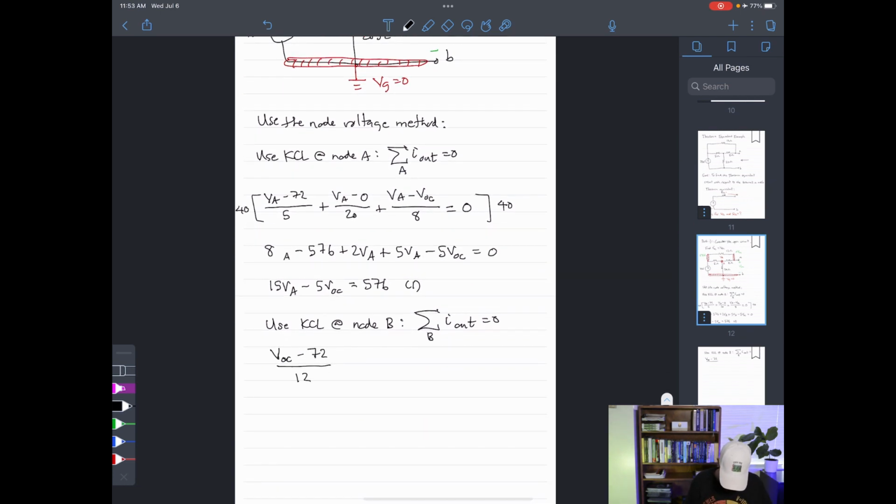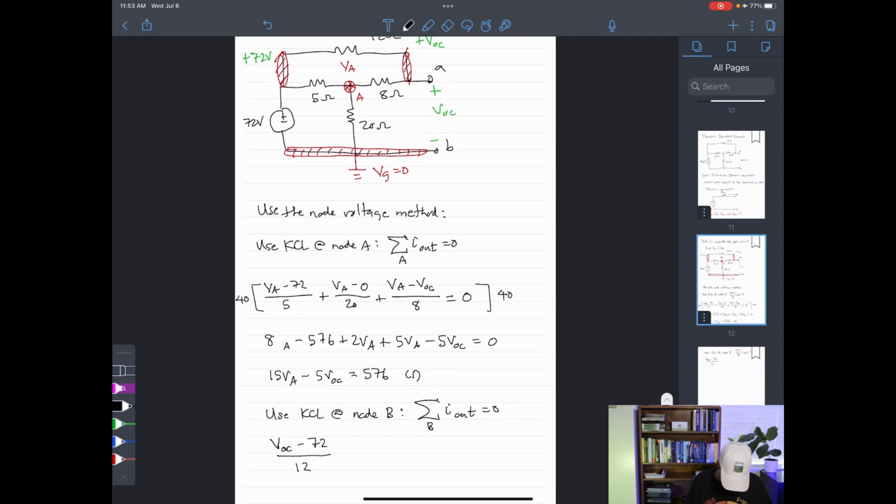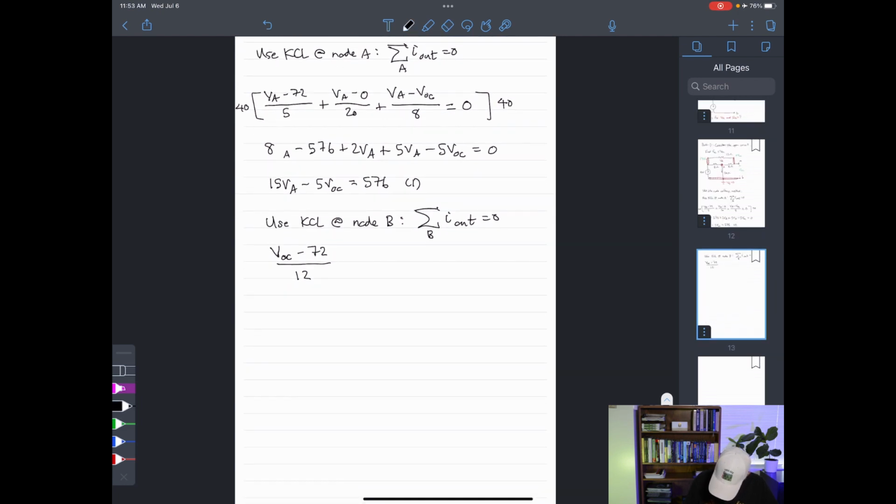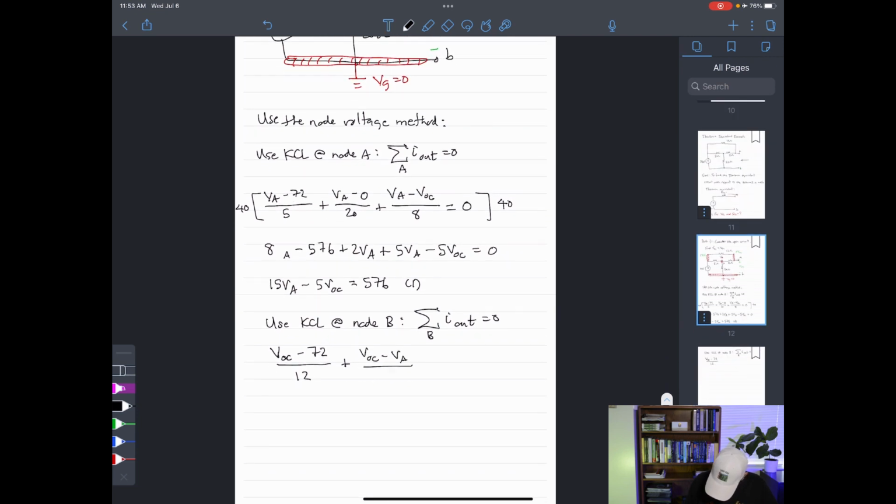And then I have going through that branch, and the current there is plus VOC minus VA. That is flowing through the 8 ohm resistor. That must add up to 0.